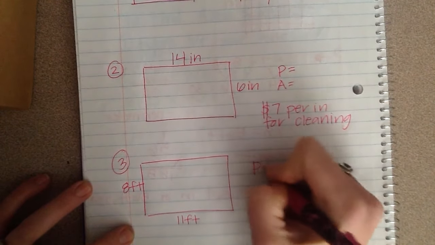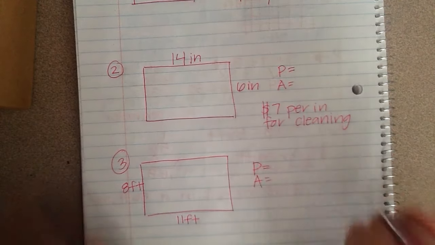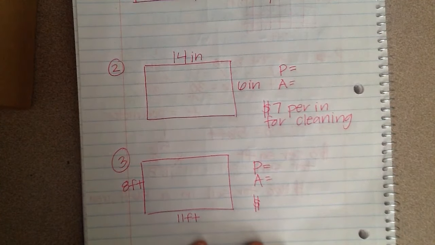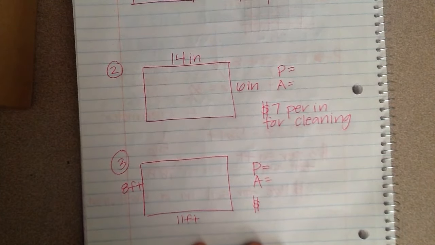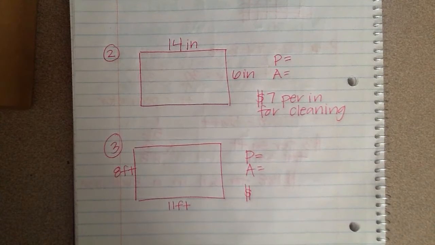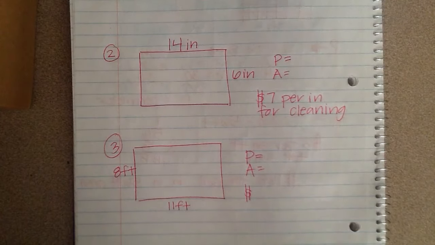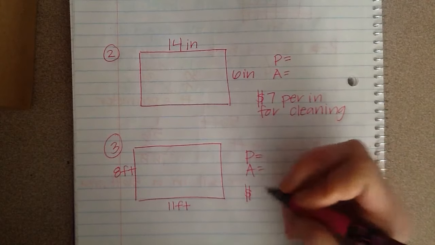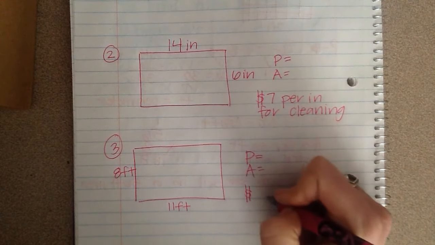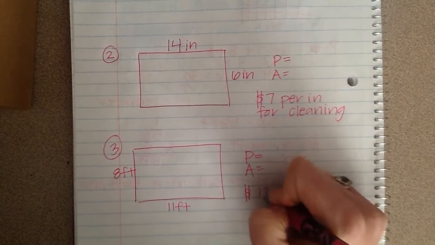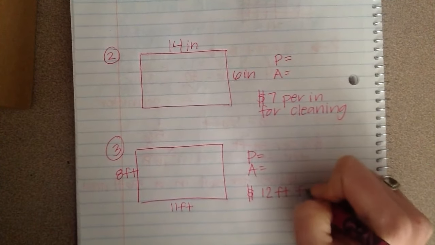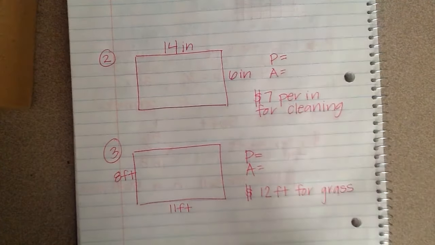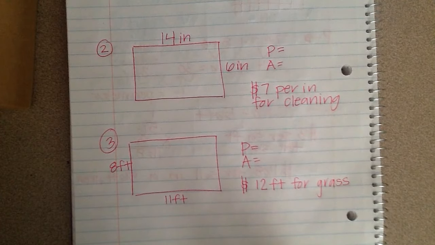I want you to tell me the perimeter, the area, and we'll say this is a putting course for the golf course, and we need Bermuda grass sod, we'll say, and because it's fancy, we're going to say it costs $12 a foot for grass. So tell me what that equals.